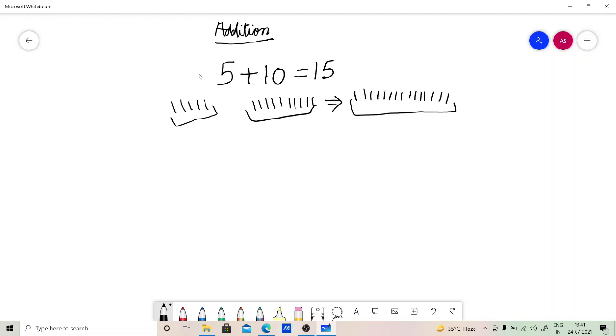So, in order to understand addition and to know the result, I have to take this representational number, and I know that this representation of 5 actually means 5 figures like this, and this representation of 10 actually is these 10 figures.